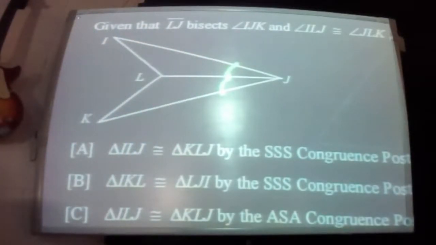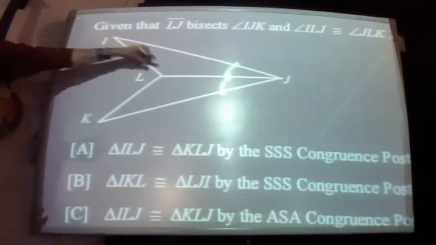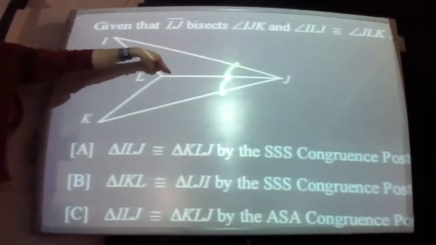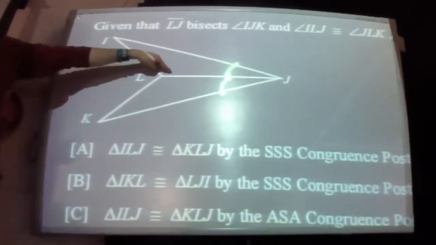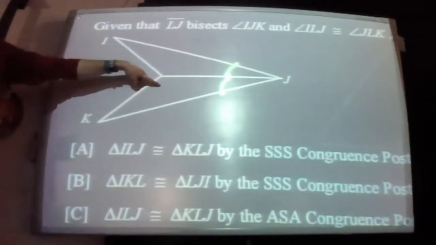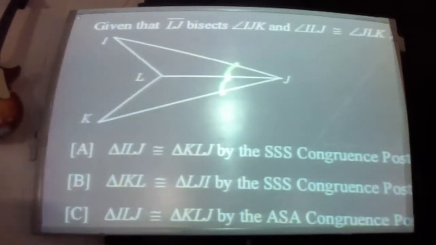Very important. It's like the top half. It's not up at I, it's over by L, but top half. Where is JLK? Bottom half. So they're telling you ILJ and JLK are congruent. Give that one a double arc, so that way we can see those two are congruent.